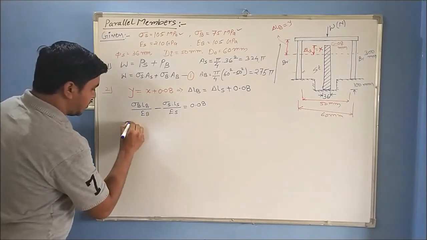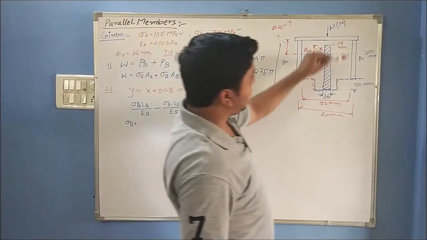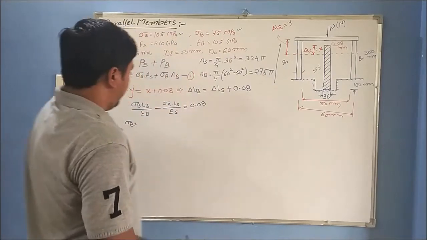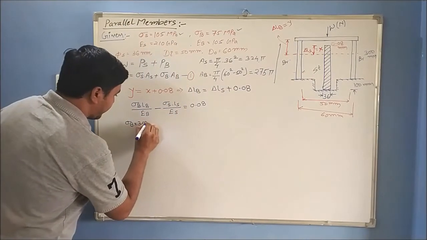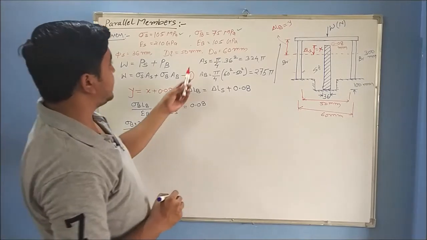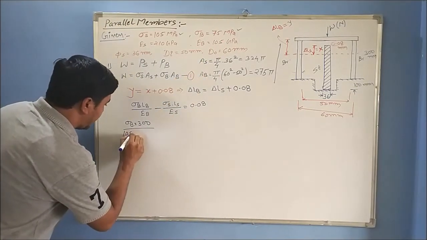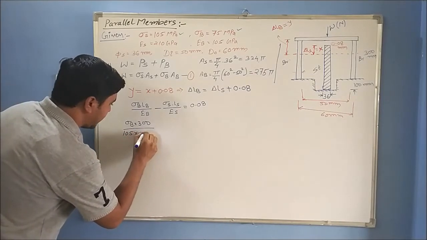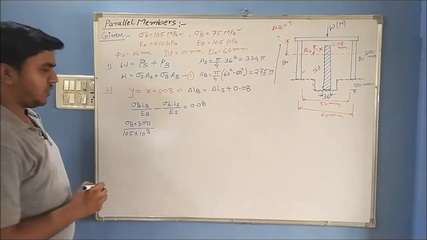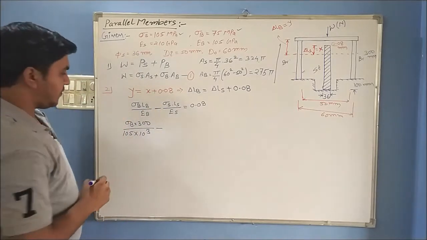Stress of brass is unknown to you. Length of brass: the total length of brass is 300 mm, so let's put 300 here. Young's modulus of brass is given as 105 GPa, so converting GPa to MPa gives 105 into 10 raised to power 3, minus stress of steel.